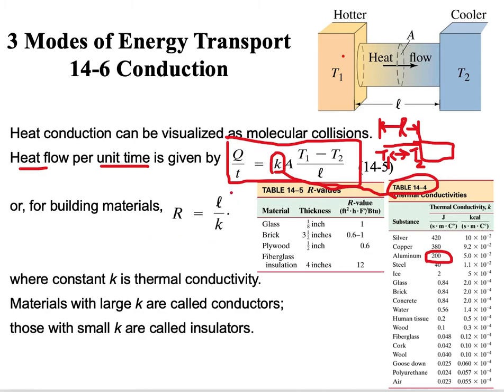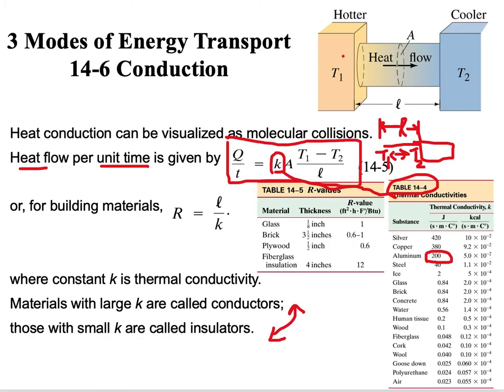The R value is determined by this equation, length divided by K, and you're going to look up the R value depending on the material in your problem. Materials with large K are called conductors, and materials with small K are called insulators. And that's your difference between conductors and insulators.